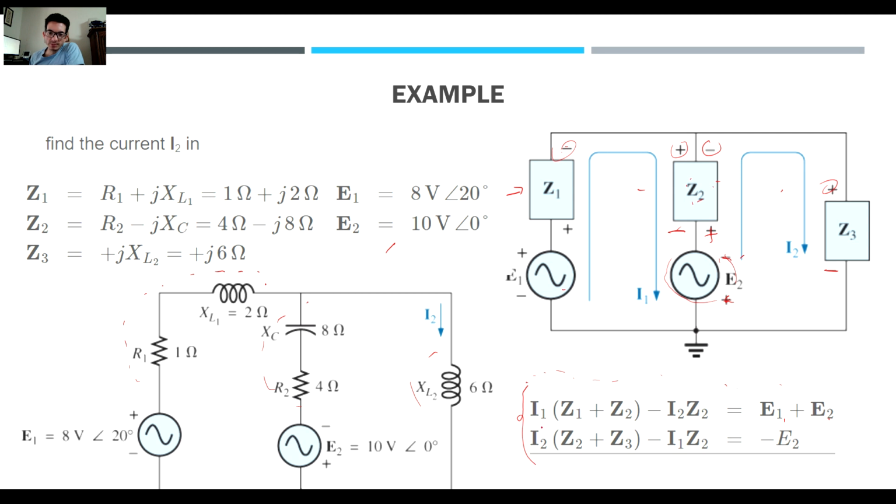Notice that for the first current, which is an unknown that we want to find, the coefficient is Z1 plus Z2, and that obviously is because we had to reorganize terms. If you notice, Z1 has a contribution of I1, Z2 has a contribution of I2. And then on the other hand, I2 has a contribution of Z3 and Z2. So Z3, Z2. I would have to reorganize this part because we usually want the first column to be I1 and the second column to be I2.